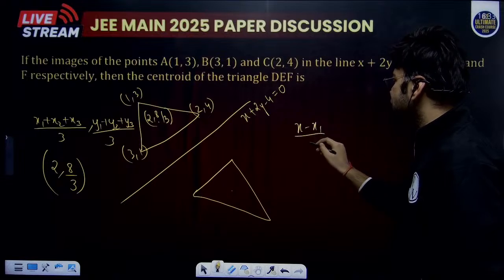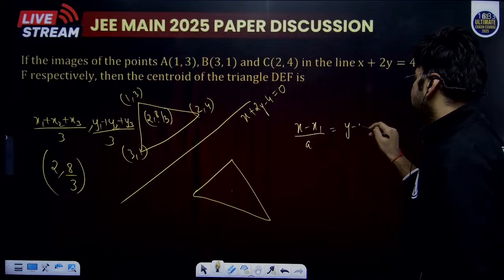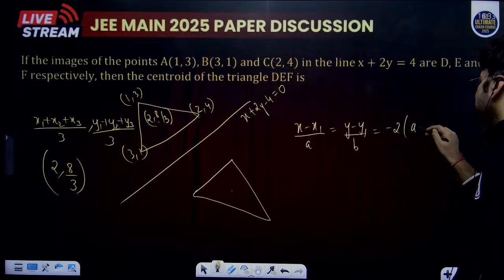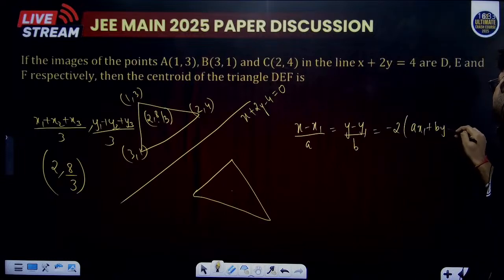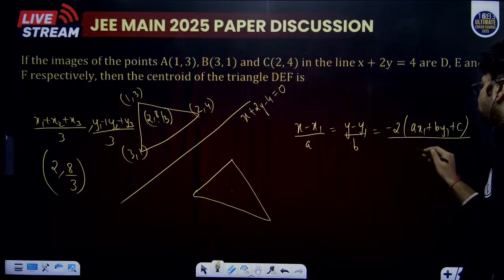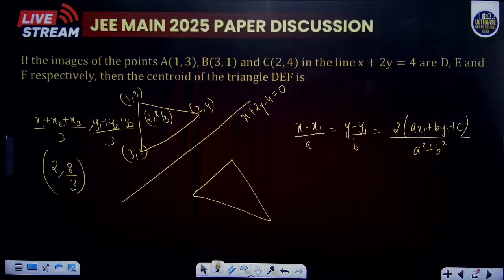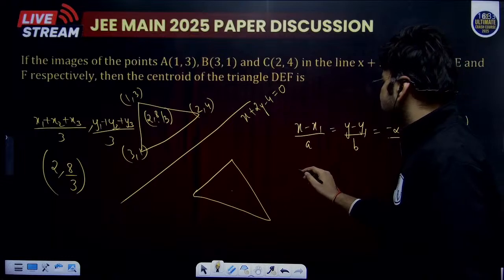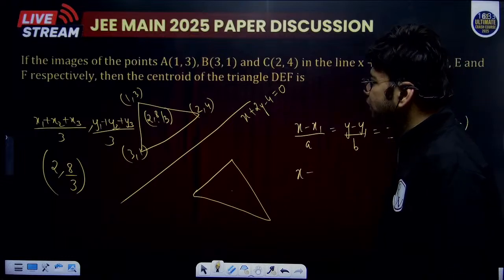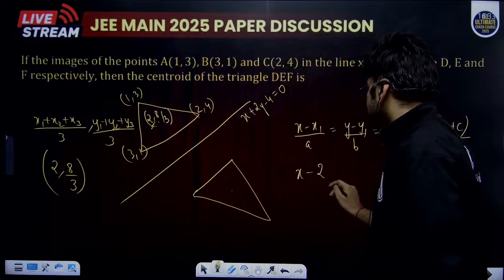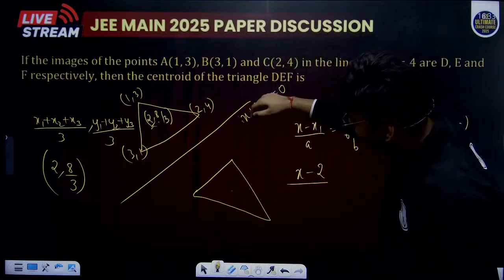(x - x1)/a = (y - y1)/b = -2(ax1 + by1 + c)/(a² + b²). Let's use this formula and get the result. So what is the value of x I want to find out? x1 is the x coordinate of this point, which is 2, upon a. a is 1.